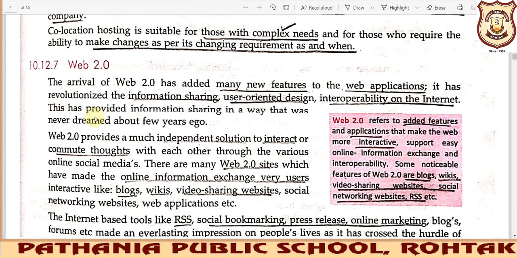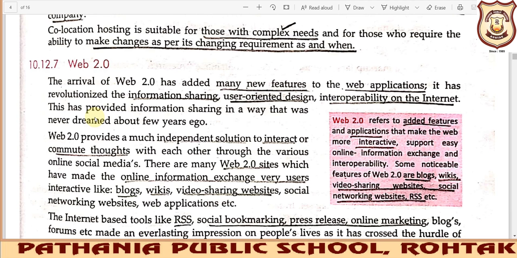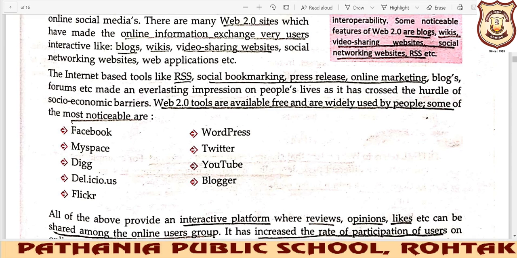Okay, next comes Web 2.0. It is an added feature or application to the web that is making the web much more interactive. Web 2.0 is basically available for free, and it is giving many noticeable features to the clients.